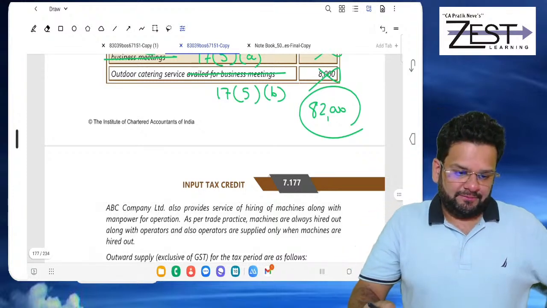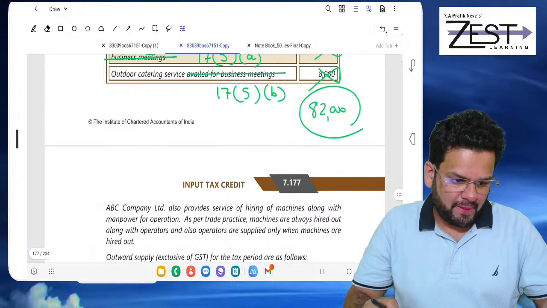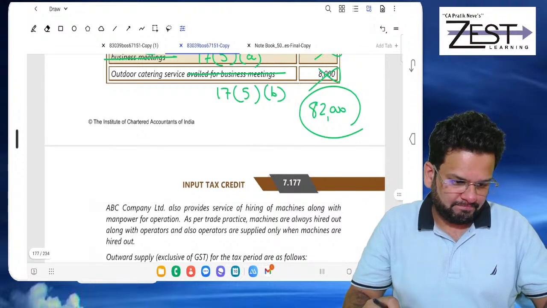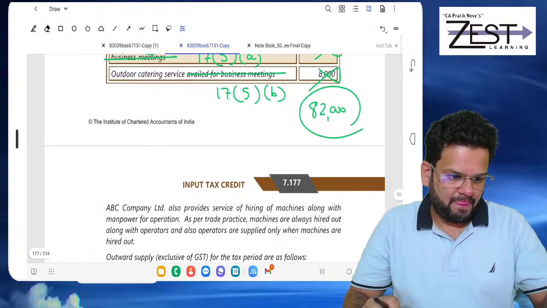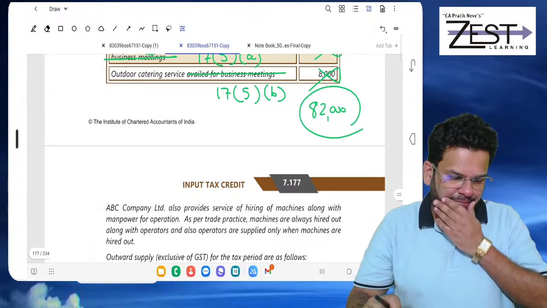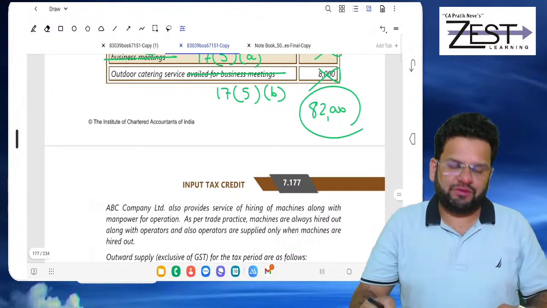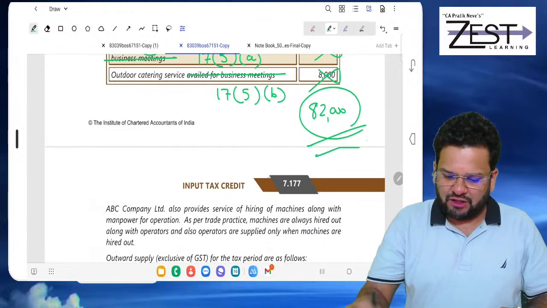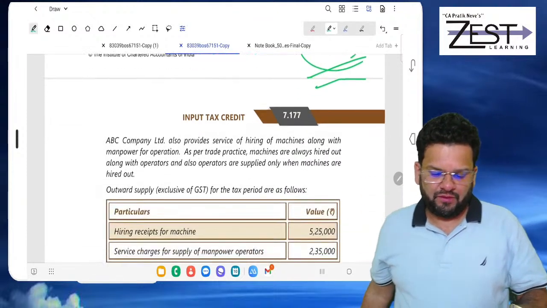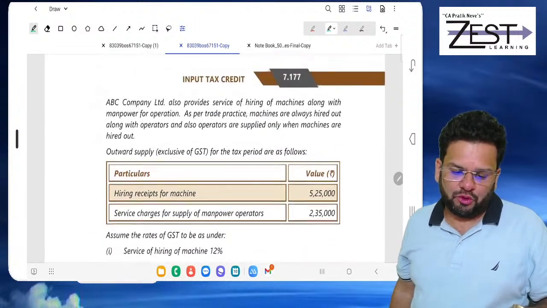Let's go ahead. Yes, comfortable till this point. You got 82,000. Say, see in the chat window if you have got 82,000, so that I can focus on output tax now.